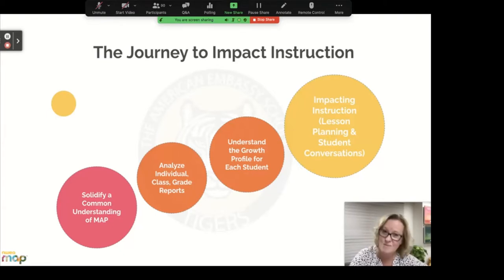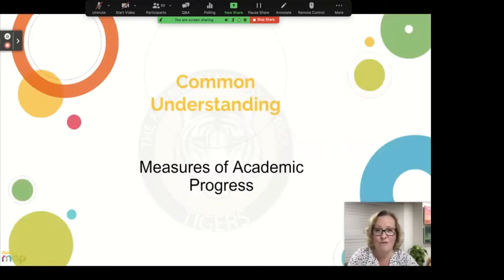Once we have that information on achievement and growth, that's when we can impact instruction. That's when we can impact lesson planning. That's when we can have conversations with students and with parents about what our common goals are on building on each student's strengths and targeting their areas of growth.